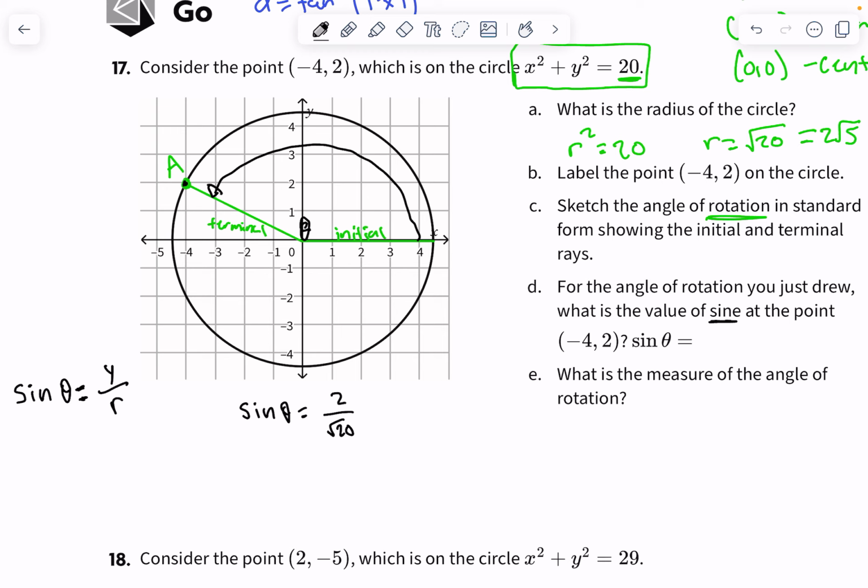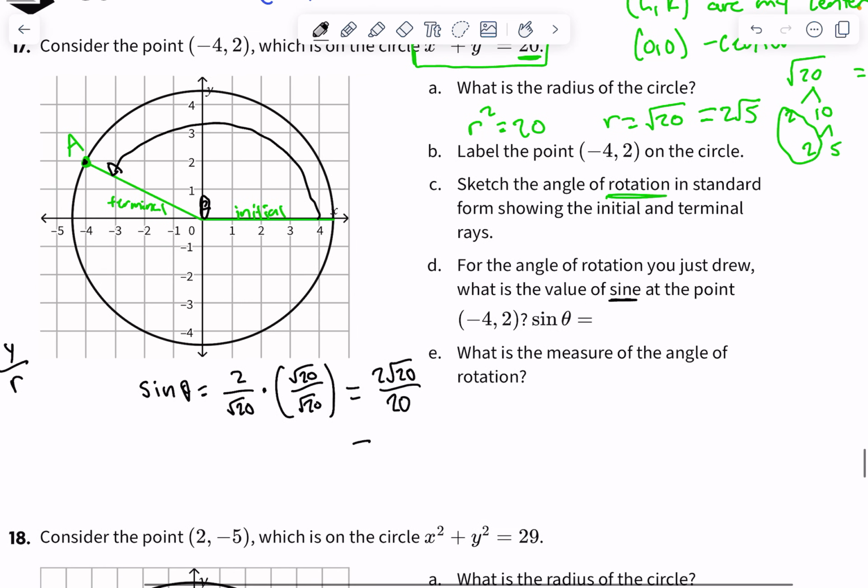How can I simplify this further? I multiply the top and the bottom by square root of 20, and I'm left with 2 square root of 20 all over 20, right? So this simplifies to square root of 20 all over 10.